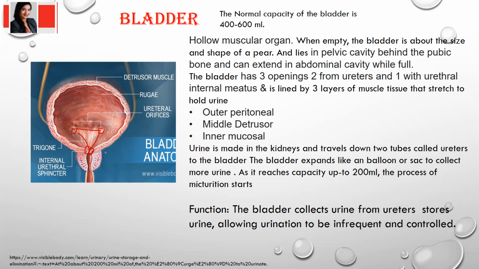And this whole organ has three walls. One is the outer layer, which is a peritoneal layer, which separates it from other organs. Then we have another layer, the middle, which is made up of smooth muscle. This is the detrusor muscle of the bladder.